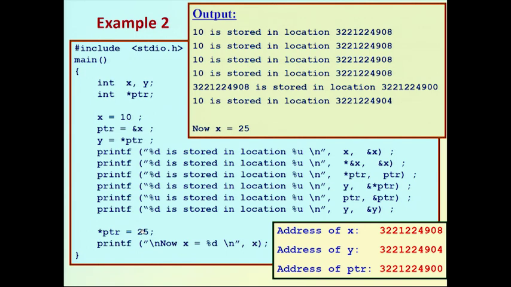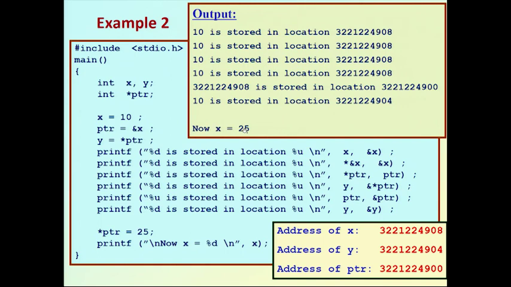So we check printf x equal to. I have given star PTR equal to 25, I have not changed x directly, but indirectly, using the pointer, I have changed the value of x. Now if I print, we will see that x equal to 25 is printed.